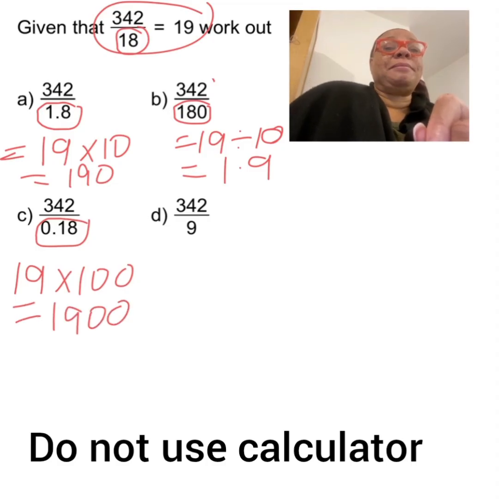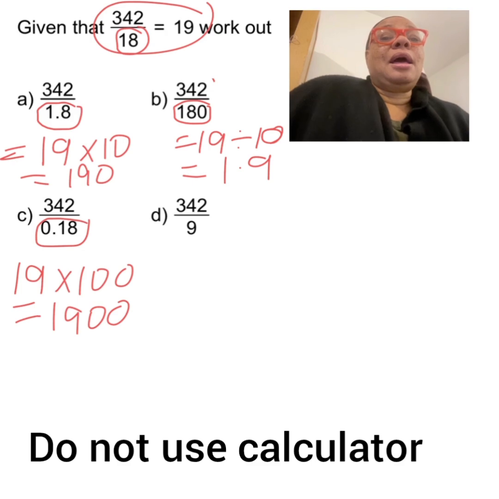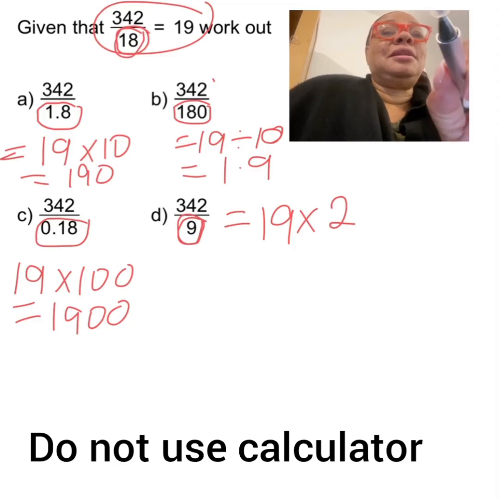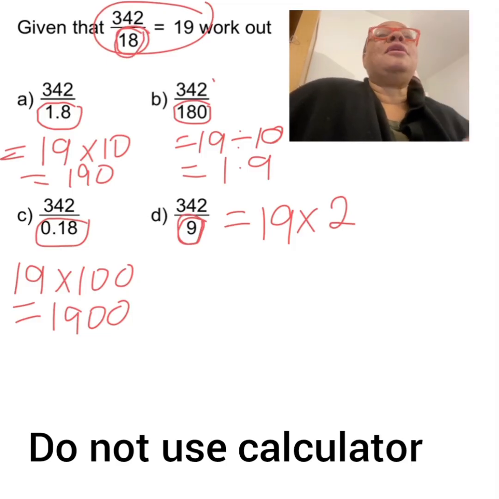That's the answer to C. And in D, our denominator is half of our original denominator. So our answer is going to be twice as large. So that's 19 multiplied by 2. Let me repeat that. Our denominator 9 is half of 18. So what's the opposite of half? The answer is going to be double. So 19 times 2, which is equal to 38.